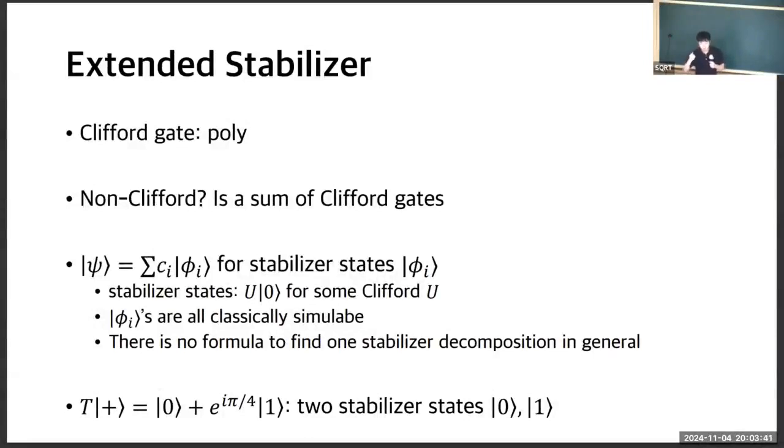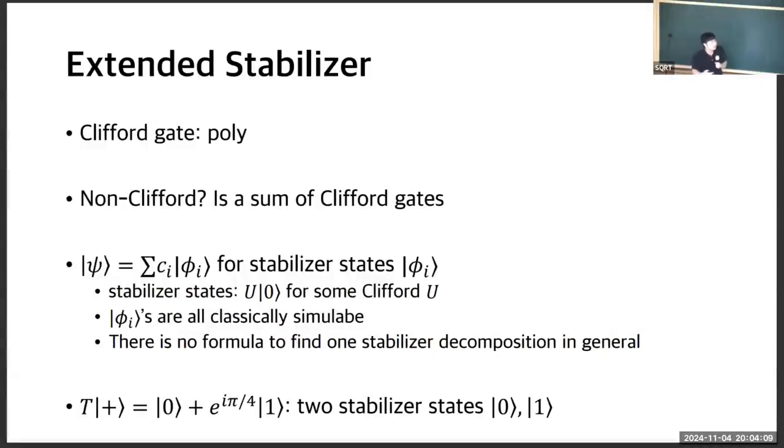Then we can say that those phi i's are classically simulable in polynomial time. And if we can represent non-stabilizer states psi as some weighted sum of stabilizer states, then maybe we can take it as a polytime simulation times that number of stabilizer states.